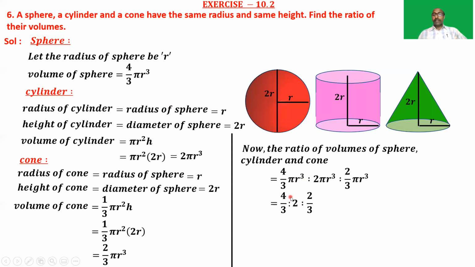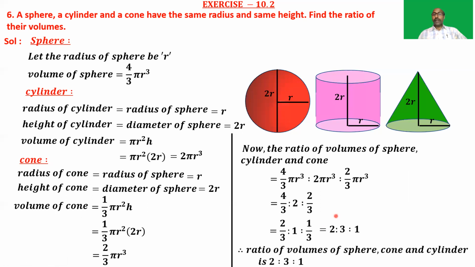And after that, by multiplying with 3, we get 4 is to 6 is to 2, and dividing by 2, we get 2 is to 3 is to 1. So the ratio of volumes of sphere, cylinder and cone is 2 is to 3 is to 1.